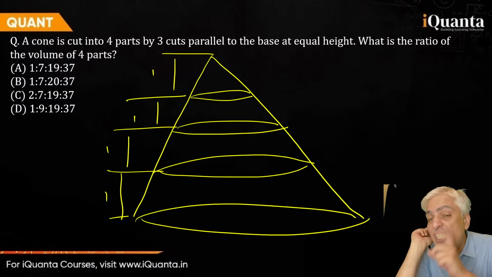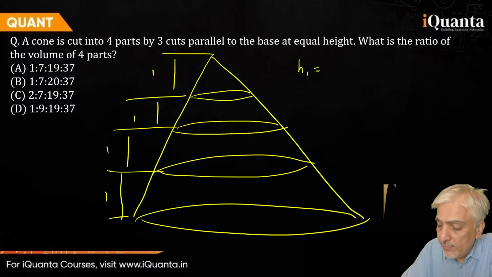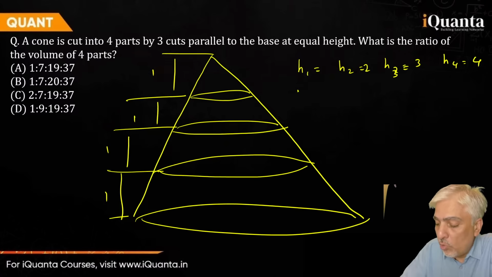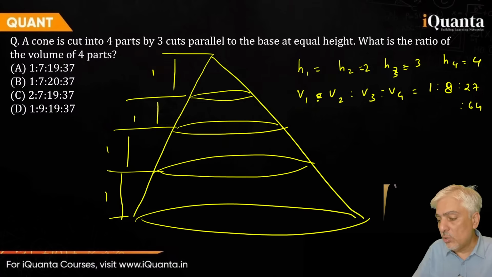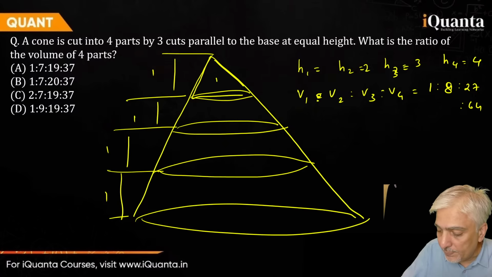We want to find the volume of each part, but we will first have to get the cones. Height 1 is 1, height 2 is 2, height 3 is 3, and height 4 is 4. These are the 4 cones. So the ratio of volumes V1 to V2 to V3 to V4 will be 1 is to 8 is to 27 is to 64. These are the volumes. Now, the first volume will remain 1 only.